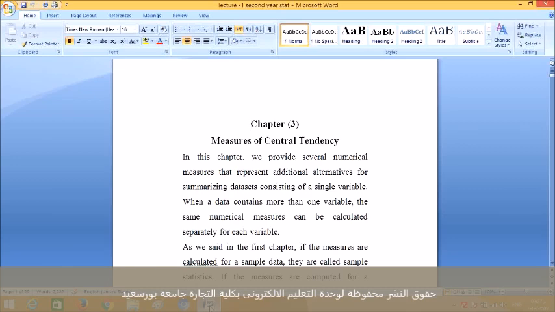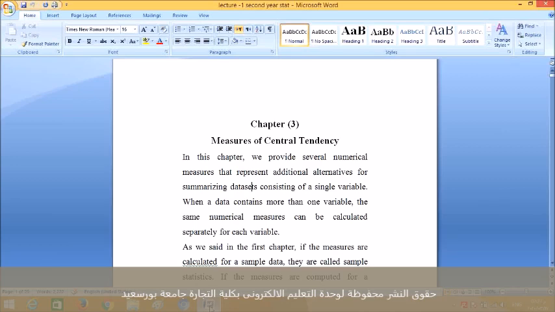Okay, so as we explained before, summarizing data may be in tables like frequency tables, relative frequency tables, and percent tables.